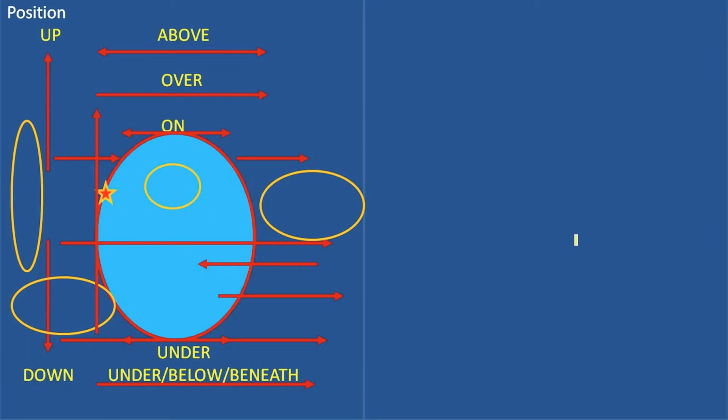Next, if we want to direct something in the up direction, that time we use above or up. When we want to just direct, that time we will use up.